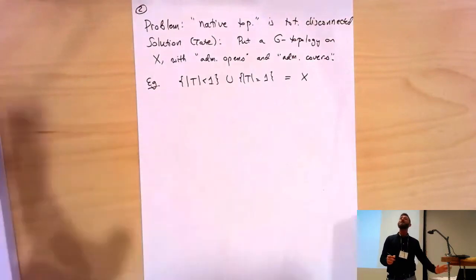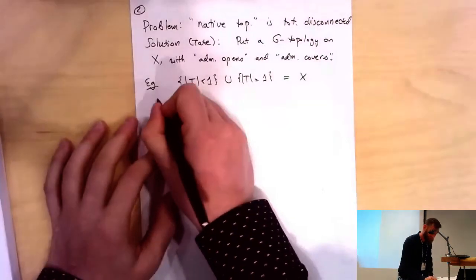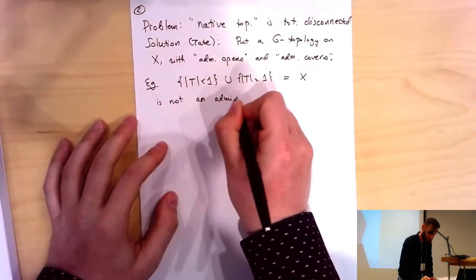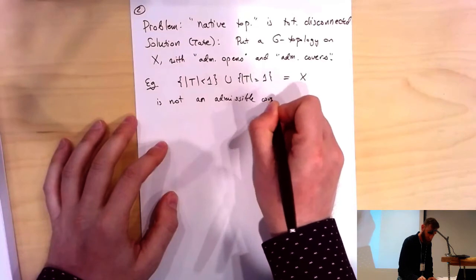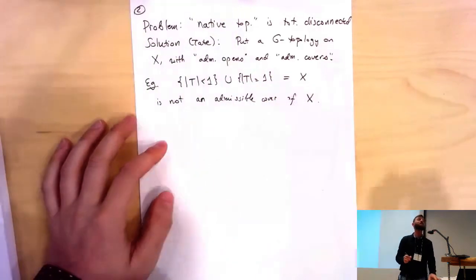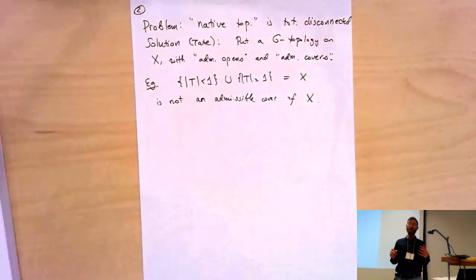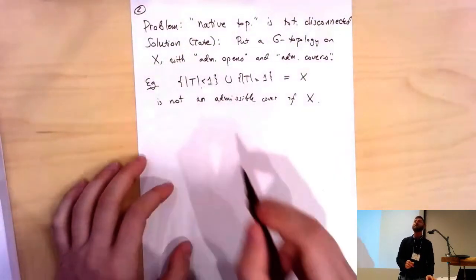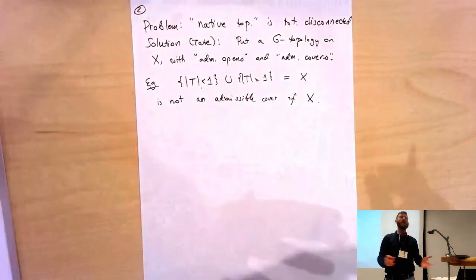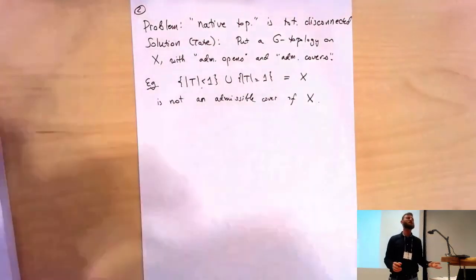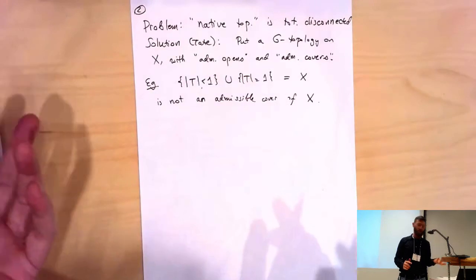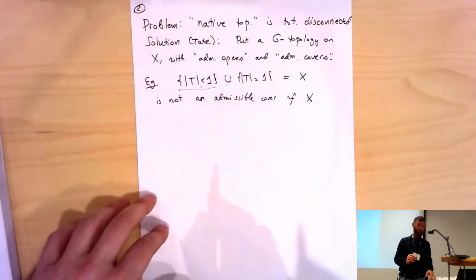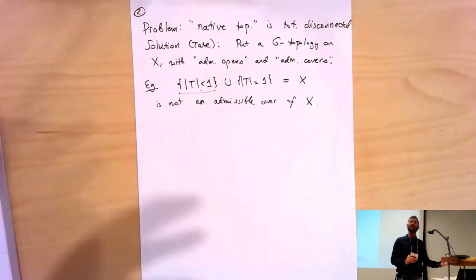But this does not count as an admissible cover. There's some finiteness condition that comes along with admissibility, and that's not satisfied. Essentially, the problem is here. That admissibility condition is stated in terms of affinoid or rational subsets, and essentially the problem is it takes infinitely many rational subsets to fill up this whole open disk, right? And so, as a result, X can't be disconnected this way.